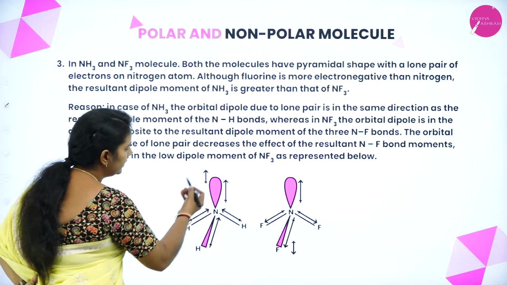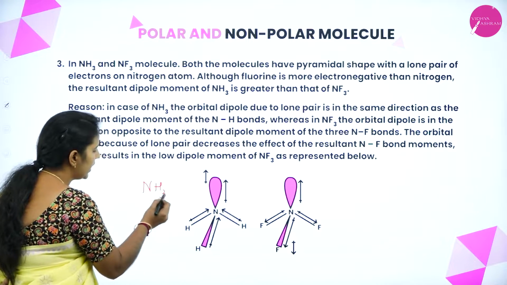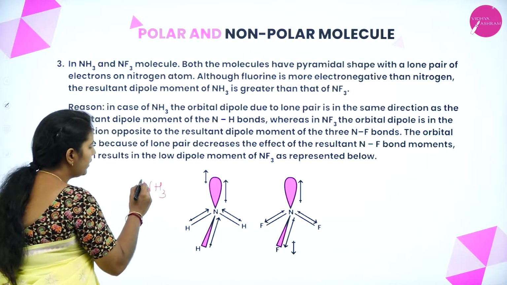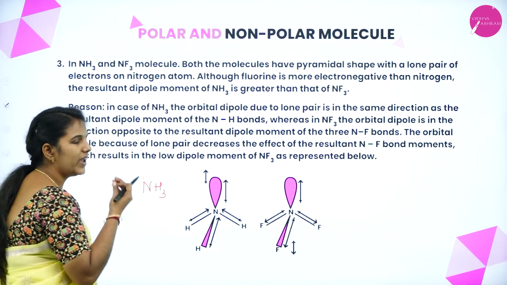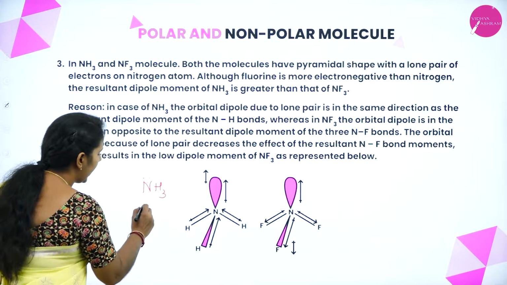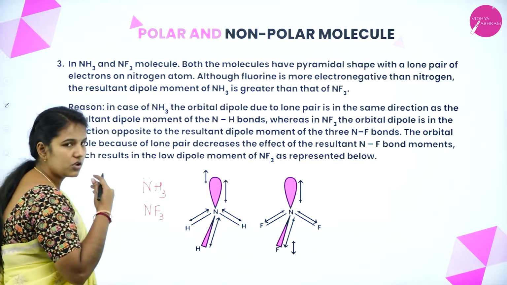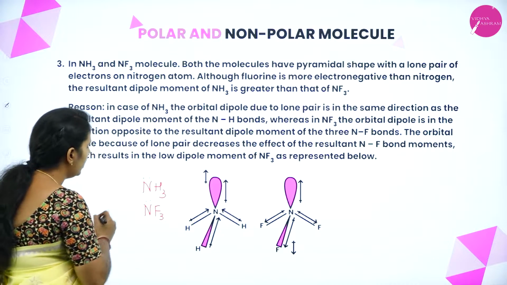You can see that this is ammonia, which has 3 hydrogen atoms with 1 nitrogen atom, and we know that this nitrogen atom always carries one lone pair of electrons. Similarly, if you consider NF3, this nitrogen atom is also carrying one lone pair of electrons.